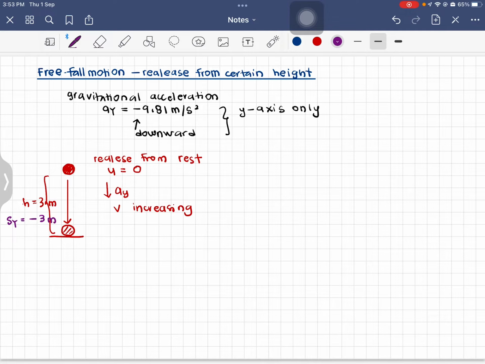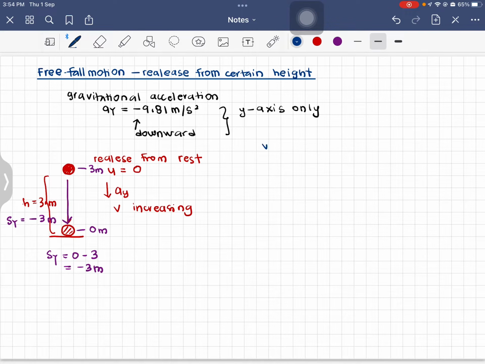Why negative? Because it is going downward. If you look at the arrow, the arrow is downward. Or we can say that its initial point is at 3 meter and its final point is at 0 meter, then you get Sy as 0 minus 3, which should be negative 3 meter.